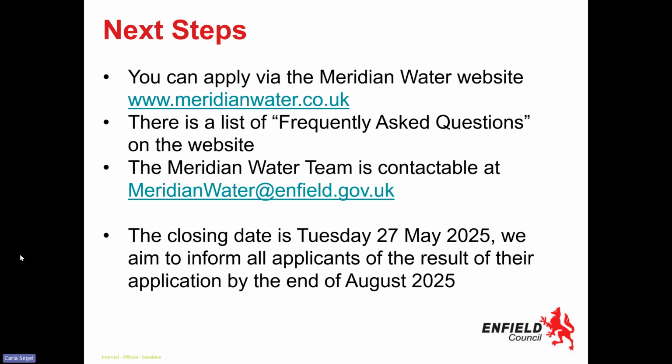If you have any questions, please use the Meridian Water email box. If we've not been able to answer your questions today, then please drop an email to that mailbox and we will do our best to get back to you as soon as we can. This is a limited amount of money. You can apply on one of two grants, up to £10,000 or £10,000 to £60,000.